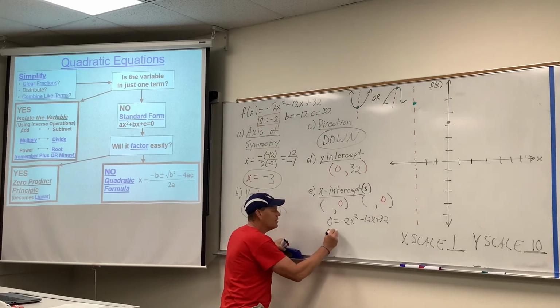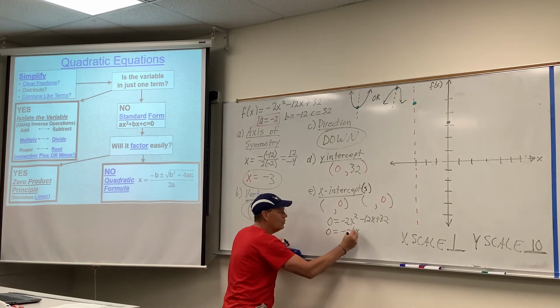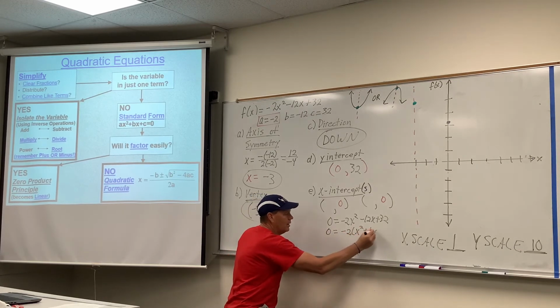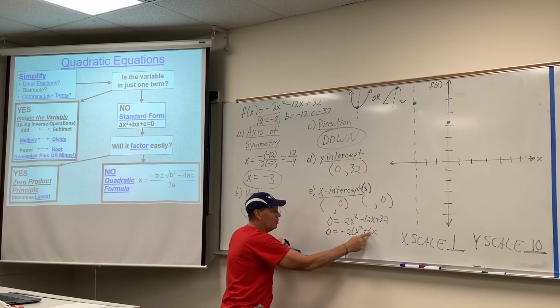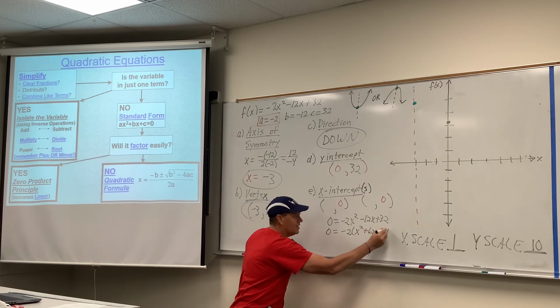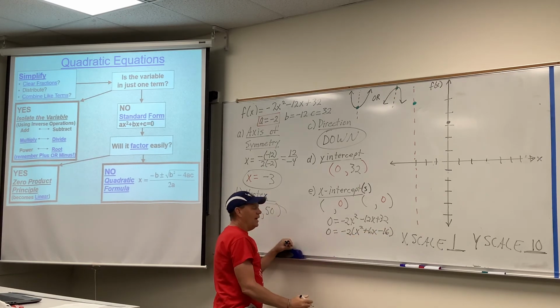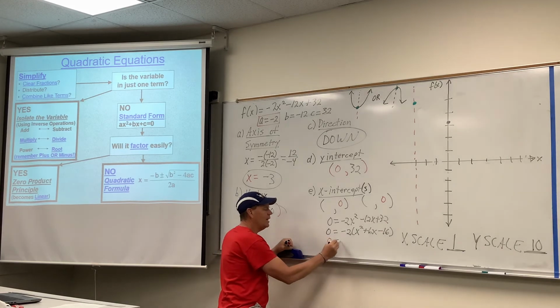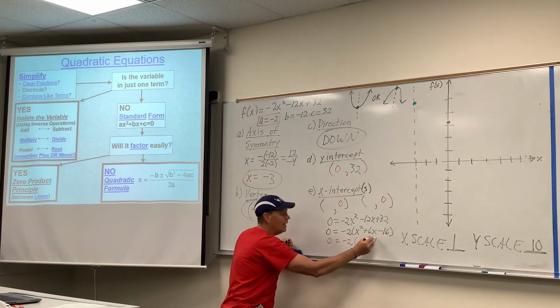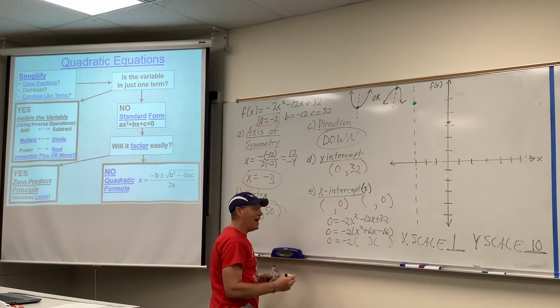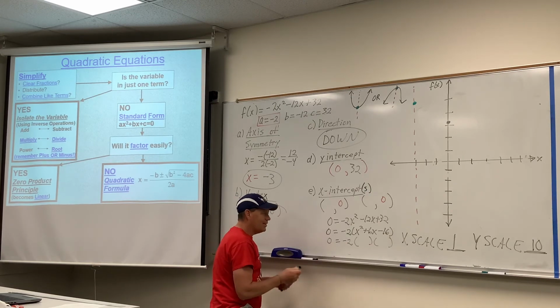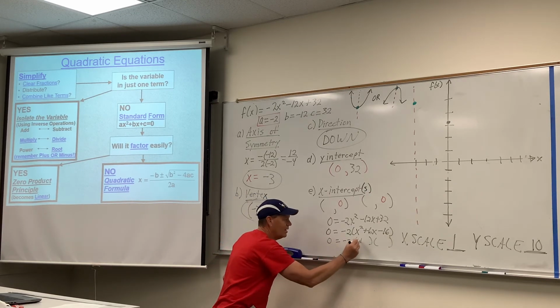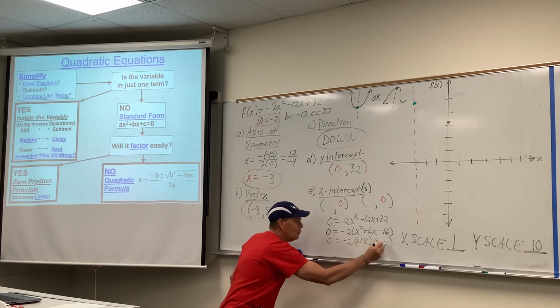So I believe in this case we could factor out negative 2, which then becomes x squared plus 6x minus 16. And then it looks to me like that trinomial, in this case, yay, it factors. It'll factor as x plus 8 times x minus 2.